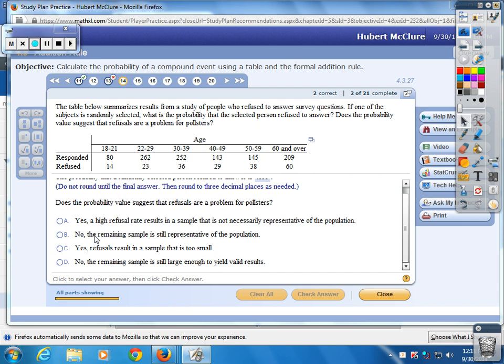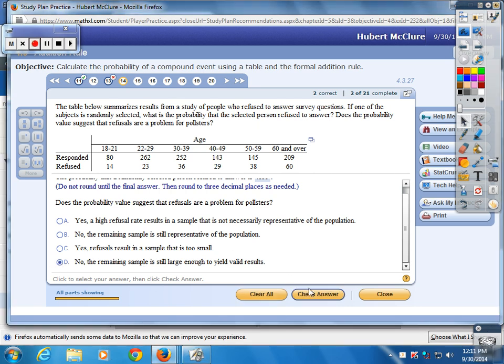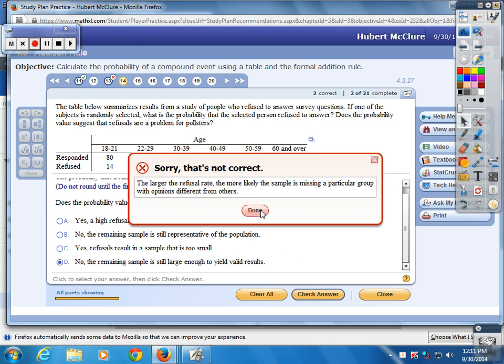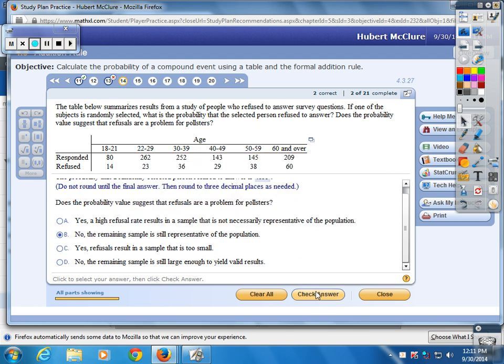I would say if I sent out 1,200 surveys and I got 800 back or 1,000 back, would I be happy? Yeah, I would be happy. But it all depends. I think that's a very vague question. But I would say, problem for pollsters, I would say no. No, the remaining sample is still. I would say no D, but I'd probably get it wrong.